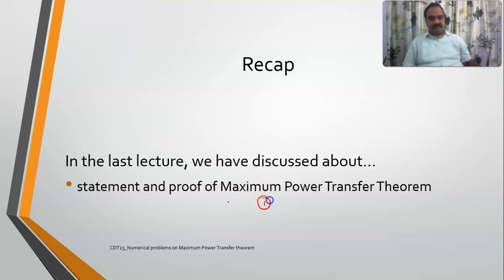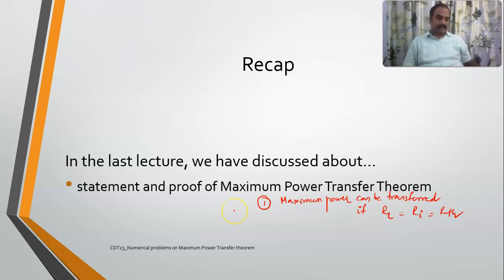We had concluded two things at the last lecture: maximum power can be transferred in DC circuits if load resistance is equal to Thevenin's resistance, or we call it the internal resistance of the circuit.